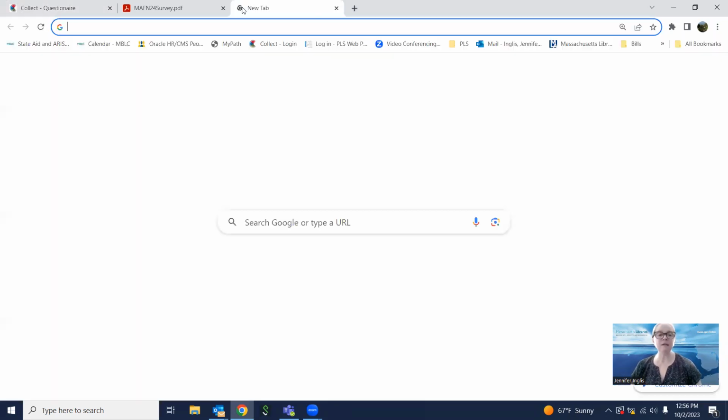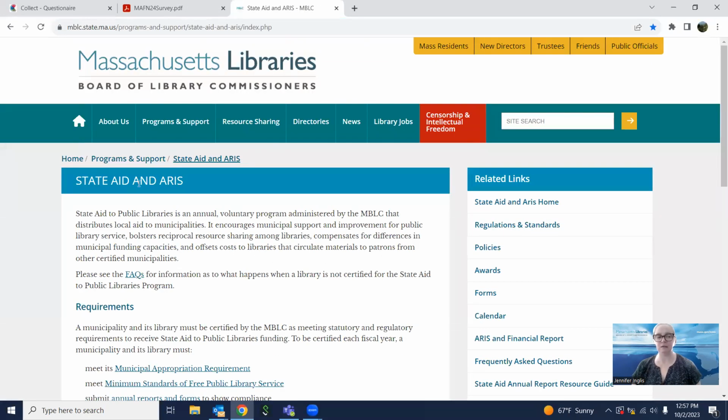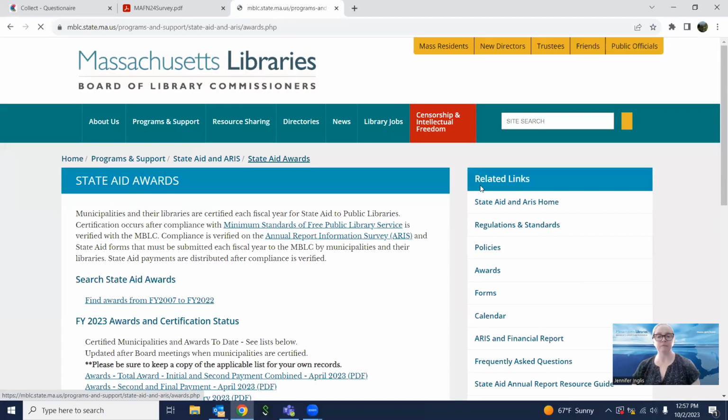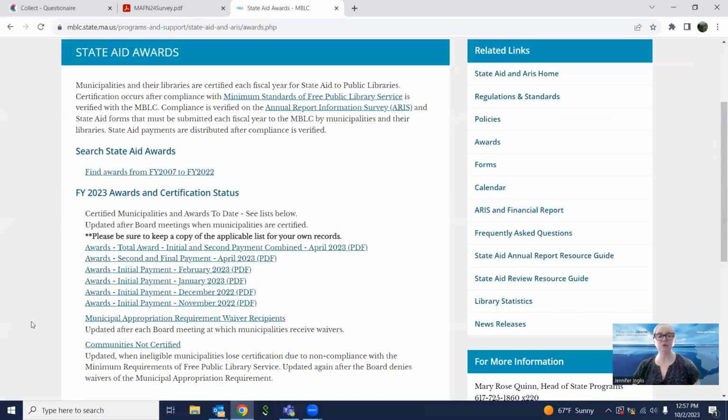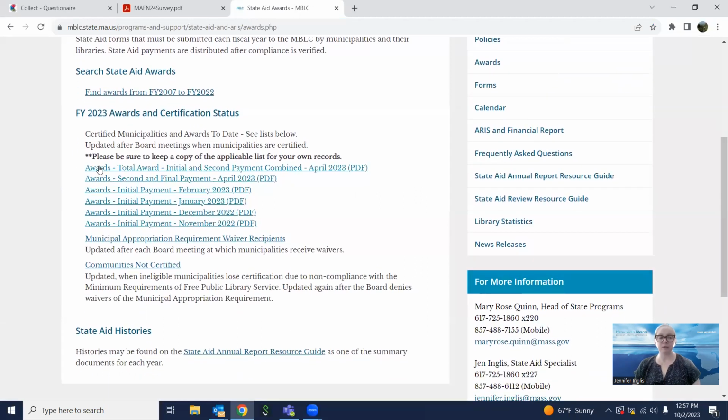So from the MBLC website, going back to the state aid website here, we have a page of awards. And here you can search for past awards and then FY23 awards. So the very top one here shows the total award.